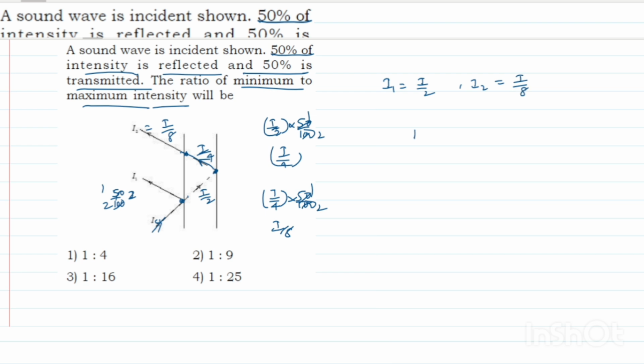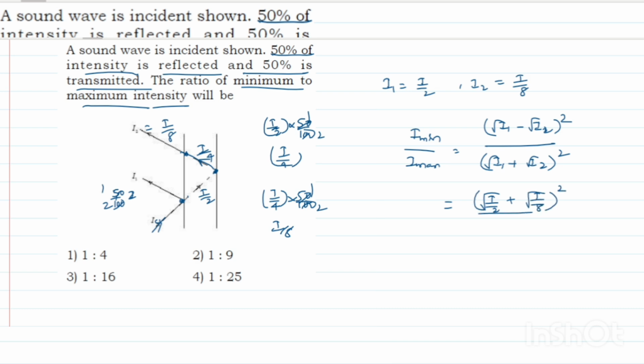Now they are asking for the relation of I minima to I maxima, which is nothing but I minima over I maxima equals (root I1 minus root I2) whole square by (root I1 plus root I2) whole square, students. So root I1 is root of I by 2, and root I2 is root of I by 8, whole square, by root I by 2 plus root I by 8, whole square.